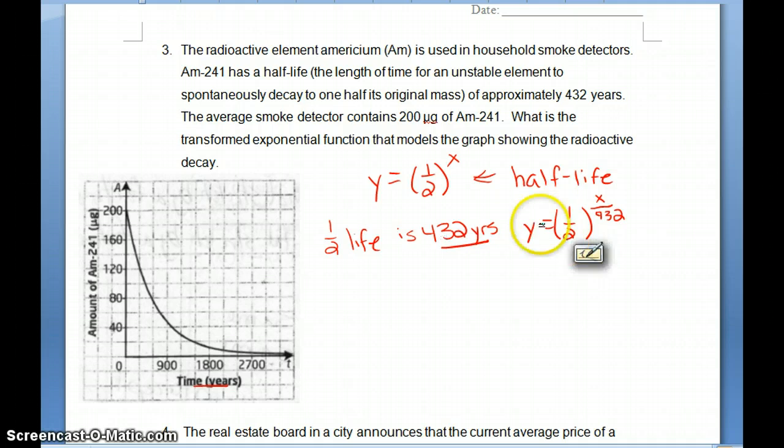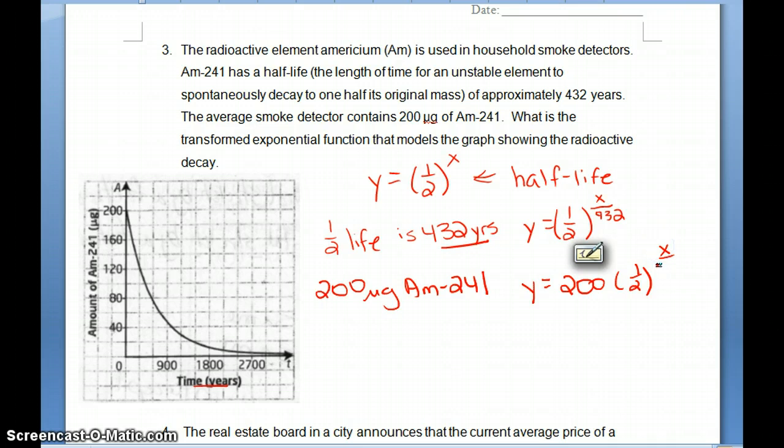Then one thing we also know is that we have 200 micrograms of AM241. So we're going to have y equals 200 times 1/2 to the power of x divided by 432. So why did we multiply by 200?